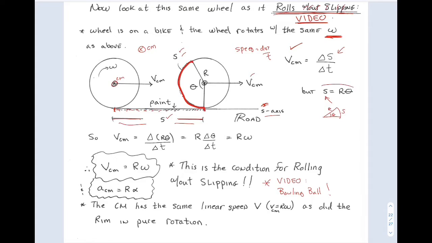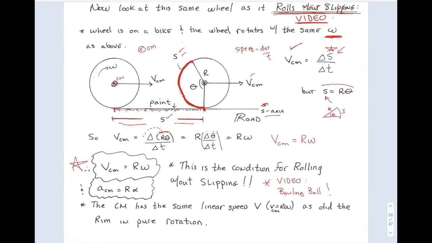So S is r theta. Now the radius of the wheel is constant, so that comes outside. And delta theta per time, that's the angular velocity omega. So that says V center of mass is r omega.